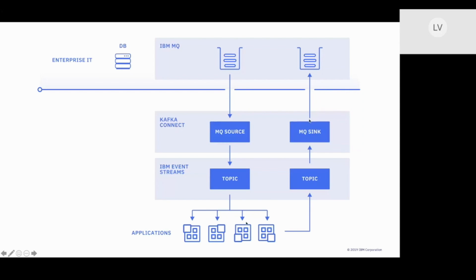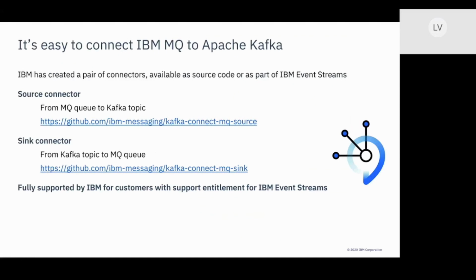If you want to get more insight on this, there's documentation for this. Source connector and Sink connectors, you can find it as well on the Knowledge Center of MQ and IBM Event Streams. But this is on GitHub if you want to get the source code to do this.